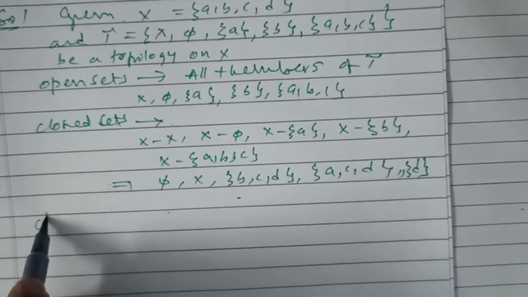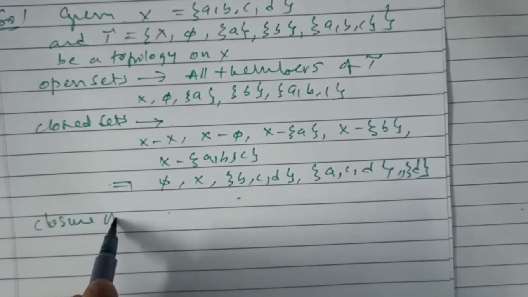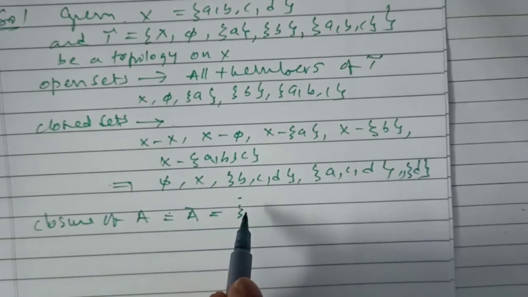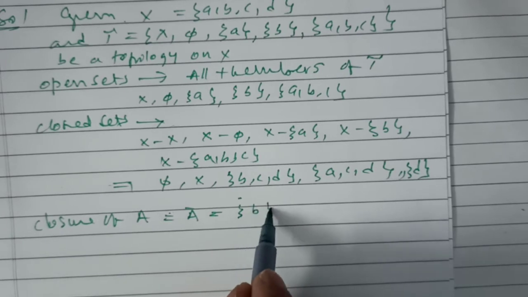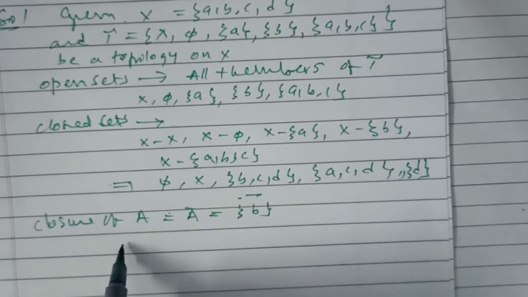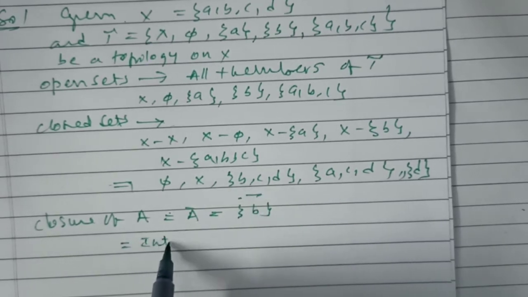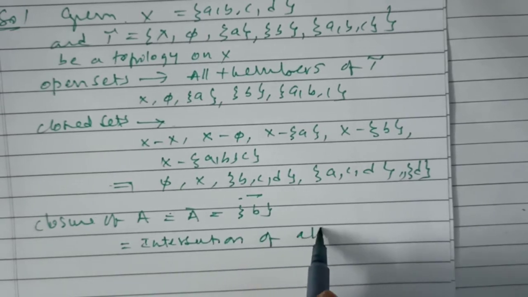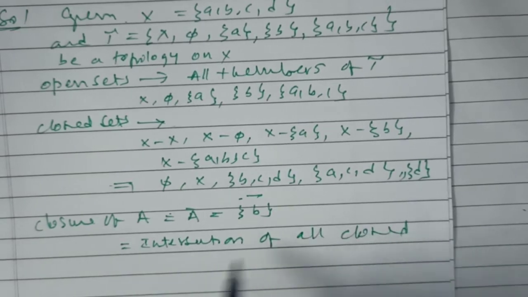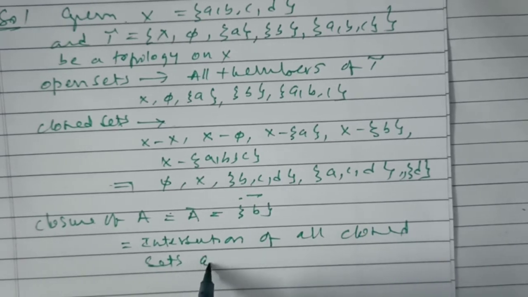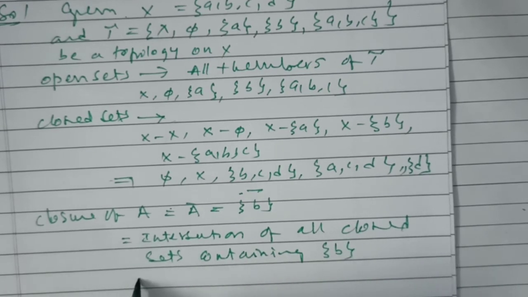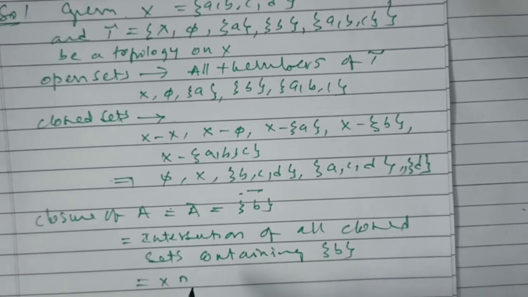Next, closure of a is equal to a bar, which is equal to the intersection of all closed sets containing {a}, which is equal to X intersection.